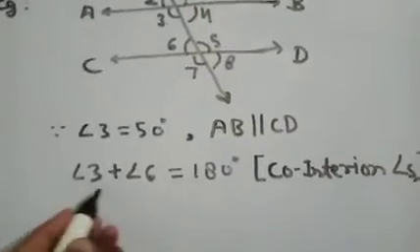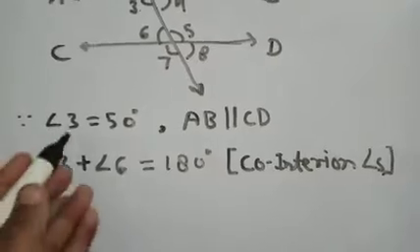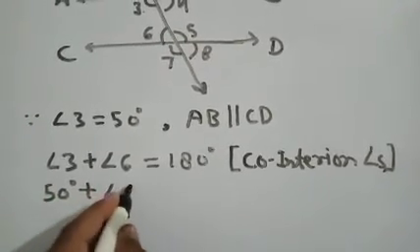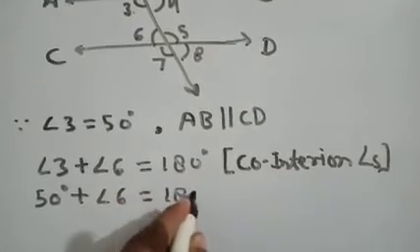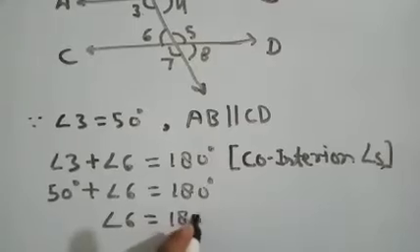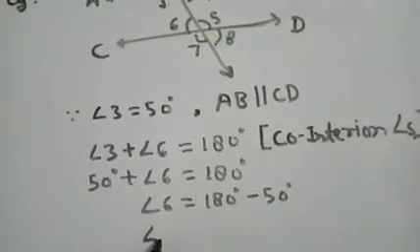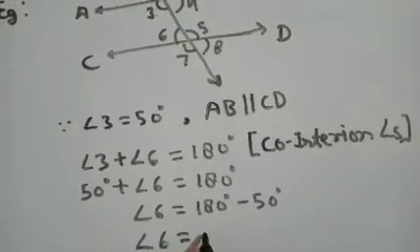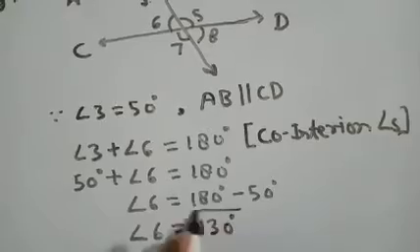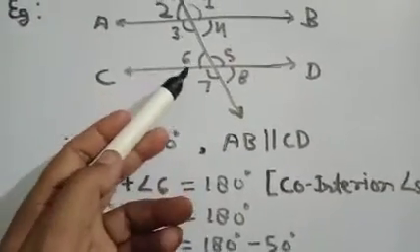The sum of co-interior angles is equal to 180 degree. Then substitute the value of angle 3, that is 50 degree, plus angle 6 is equal to 180 degree. Angle 6 is equal to 180 degree minus 50 degree. Angle 6 is equal to 130 degree. So you have found angle 6.